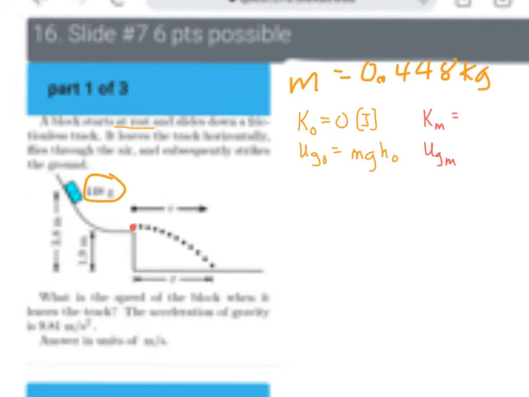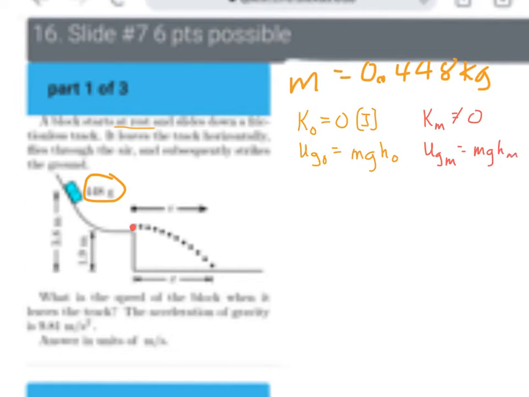Okay, so the kinetic energy is going to have some kinetic energy in the middle. We don't know what it is right now, but it's not going to be equal to 0. And our gravitational potential energy, that is going to be mass times gravity times the height at the middle, or the height of that little cliff there.